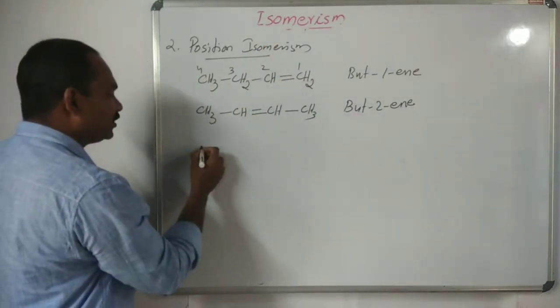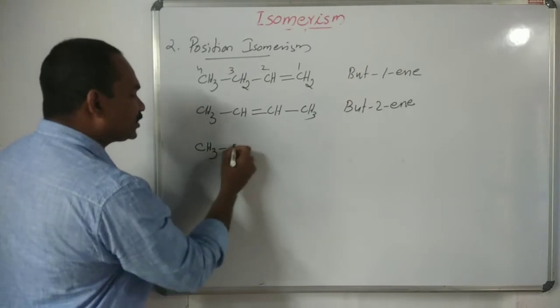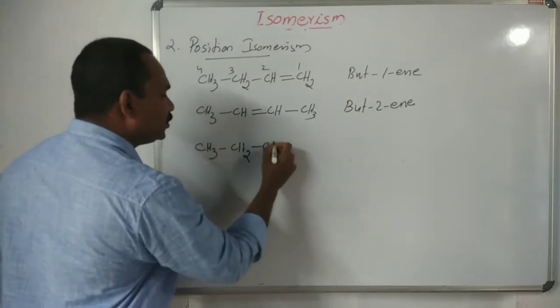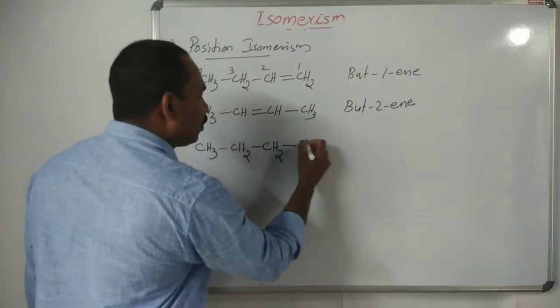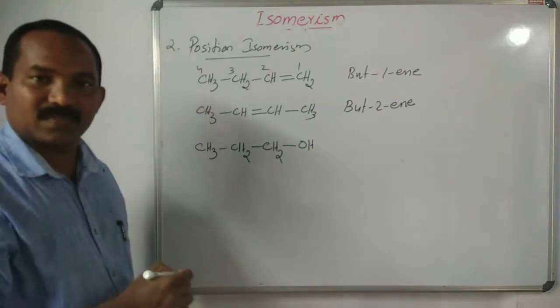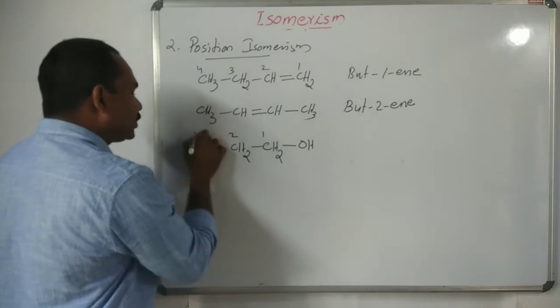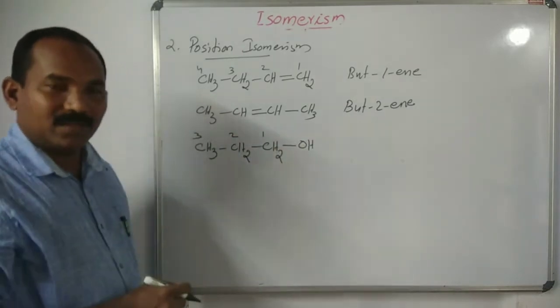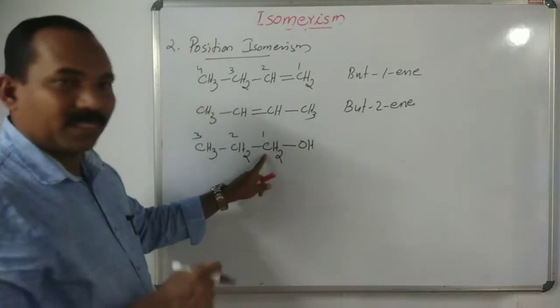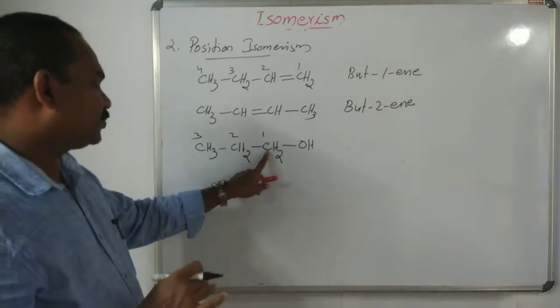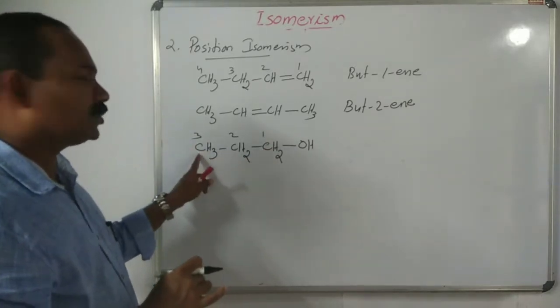Another example. CH3, CH2, CH2, OH. Alcohol family. A functional group will get the lowest possible number, first position. So 1, 2, 3.